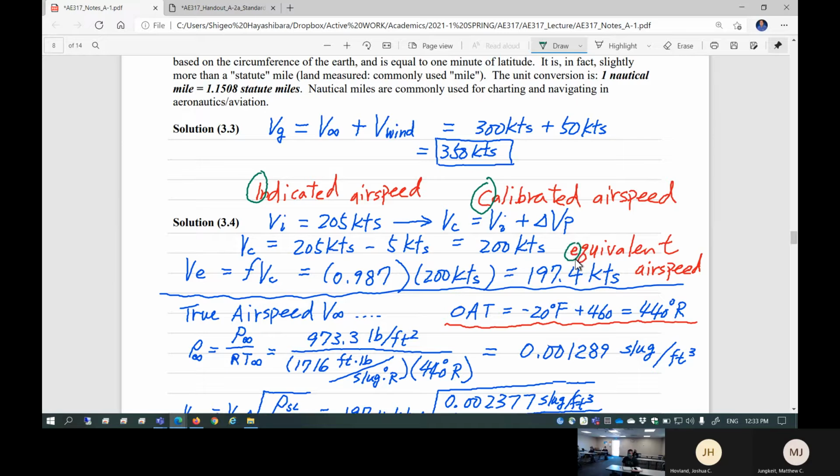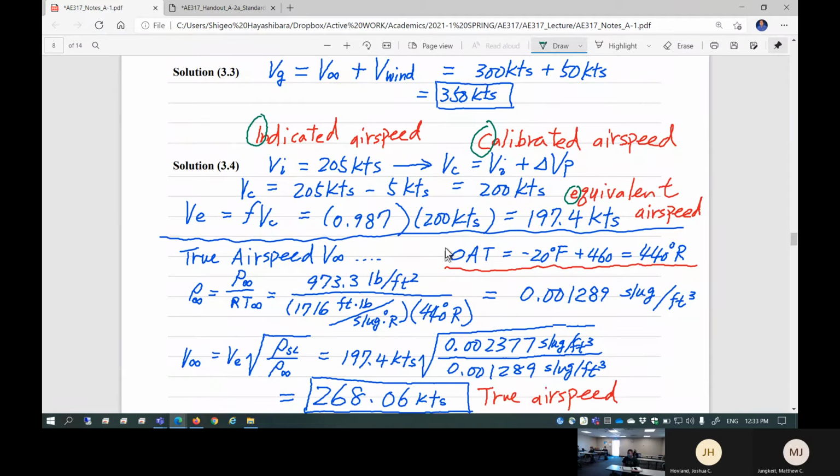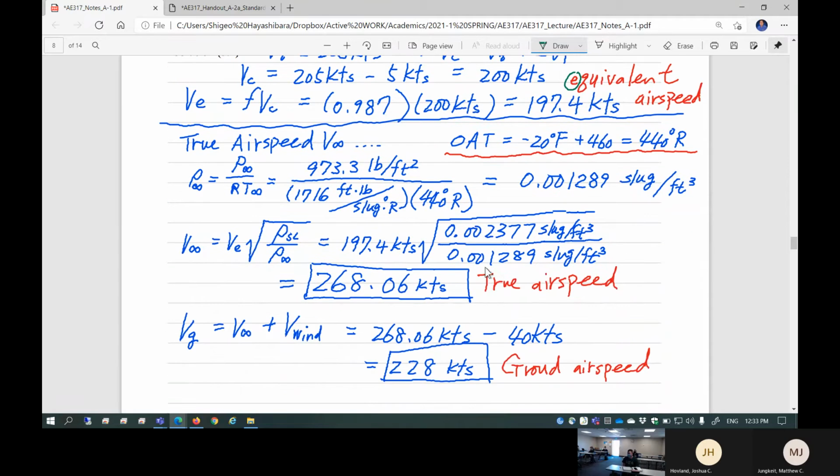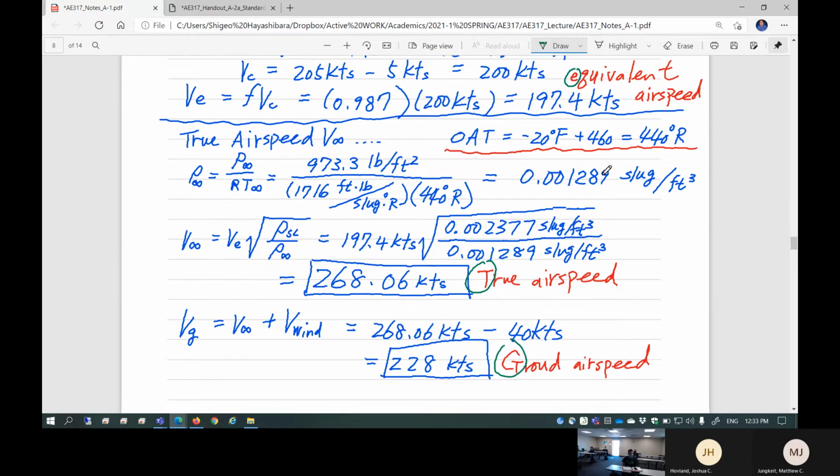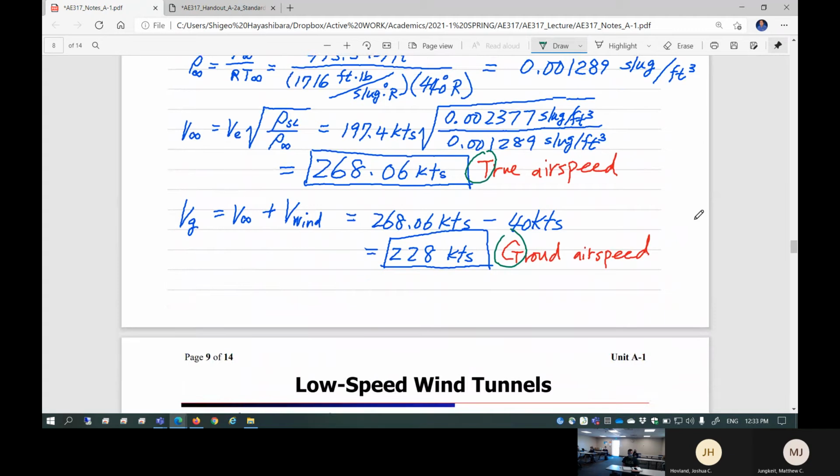Lowercase means this is the lowest value. And then through true airspeed, T, and then ground airspeed. So I, C, E, T, G, a step-by-step calibration process. You have to do this all the time, okay? From the instrumentation indication to true airspeed to ground airspeed.